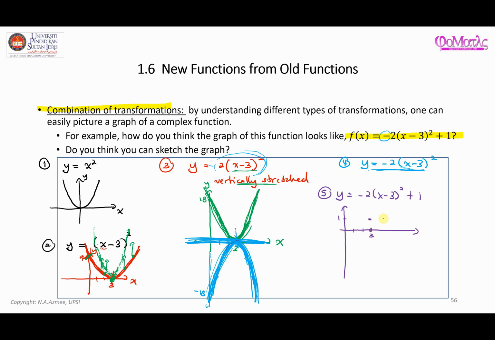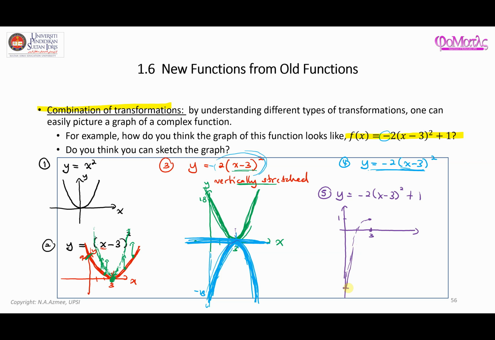And then it's going to go downwards, and it will sort of touch the value here.